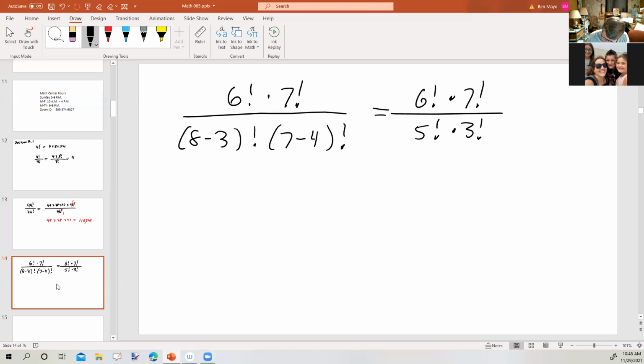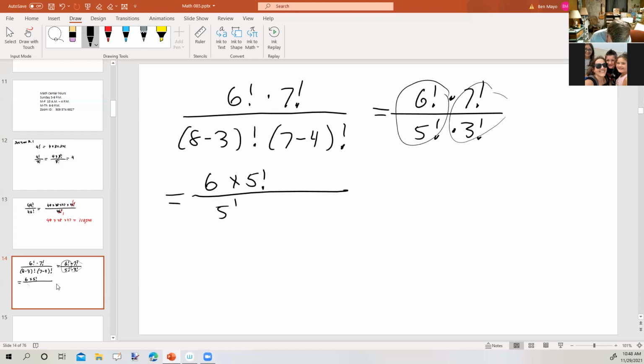What I could do, and there's a couple of different ways I can do this, but I'm just going to choose a particular one. I'm going to put these two together and these two together. I'm going to take the 6 factorial and write it as 6 times 5 factorial over the 5 factorial. I'm going to take the 7 factorial and write it as 7 times 6 times 5 times 4 times 3 factorial and put that over 3 factorial. I'm using X's for multiplication symbols.